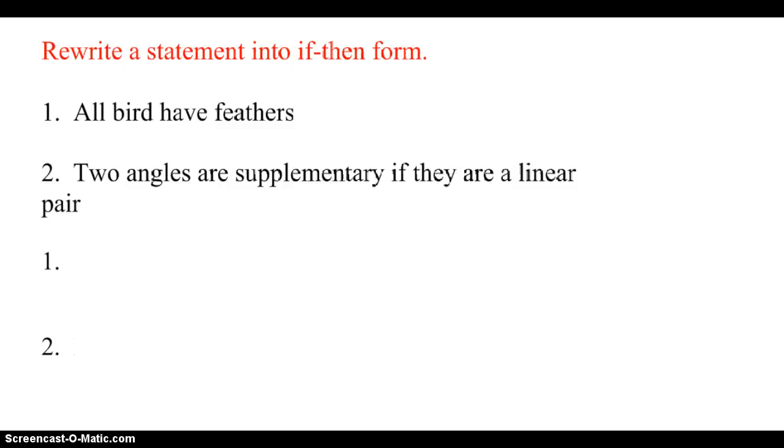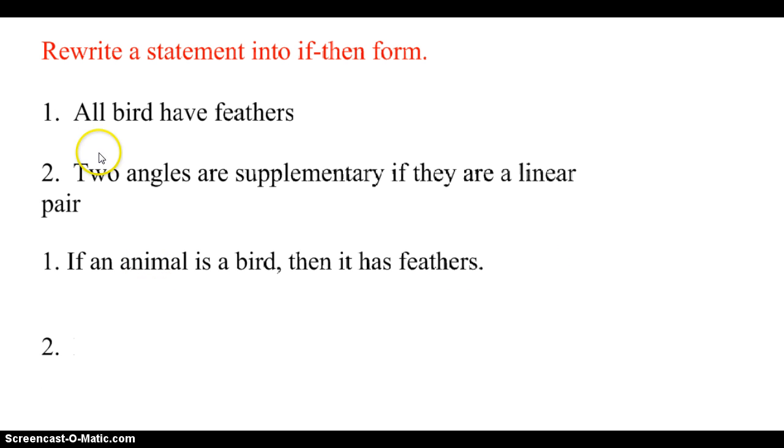And please, let's make it an English statement. If there's not really a subject, you might have to put in a subject. So for example, number 1, you can't really say if a bird then has feathers. Makes no sense, people. So what do we say? Maybe we say if an animal is a bird, then it has feathers.